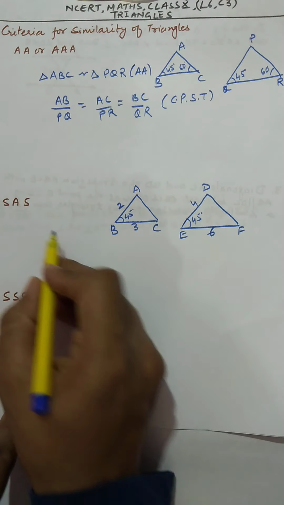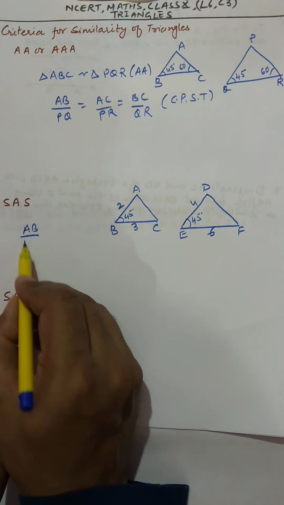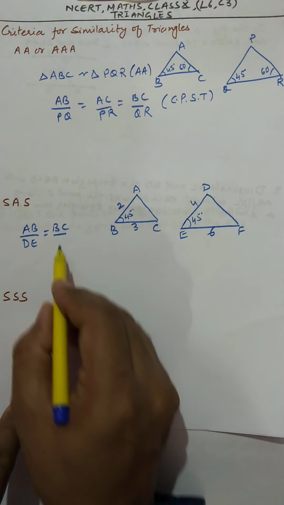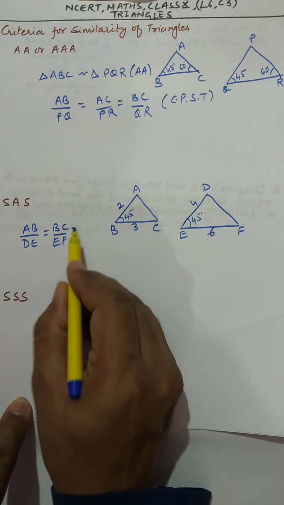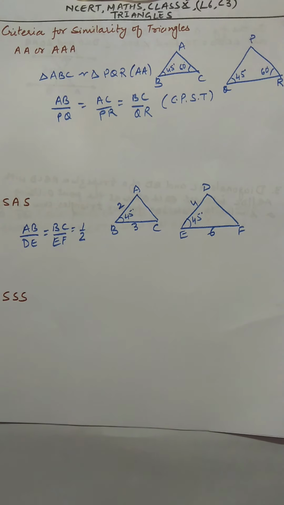So I can see that AB upon DE is equal to BC upon EF. You can see both ratios are equal to 1/2.